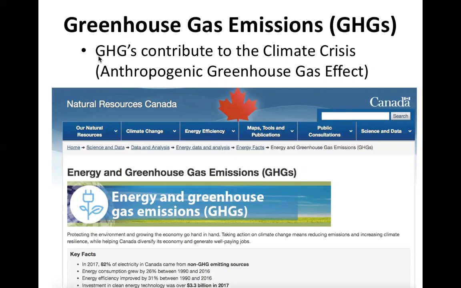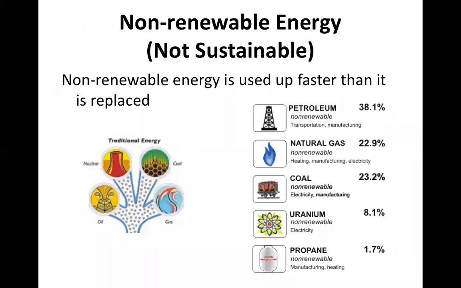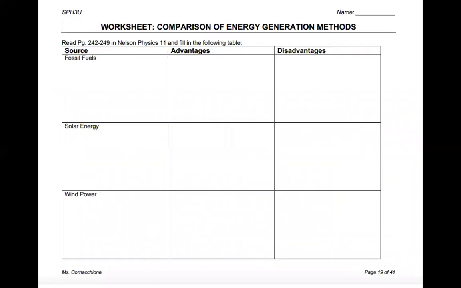Carbon emissions contribute to the climate crisis, in other words, contribute to the anthropogenic, that means man-made, greenhouse gas effect and global warming. So that just gives you some idea. Greenhouse gas emissions would be a con, sustainability would be a pro, non-renewability would be a con. Cost and only being available in certain climates would be some other things to look out for.